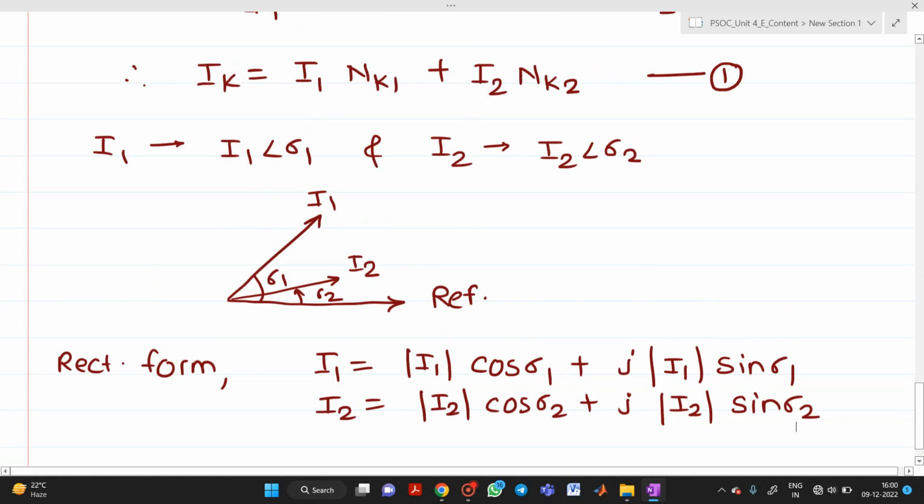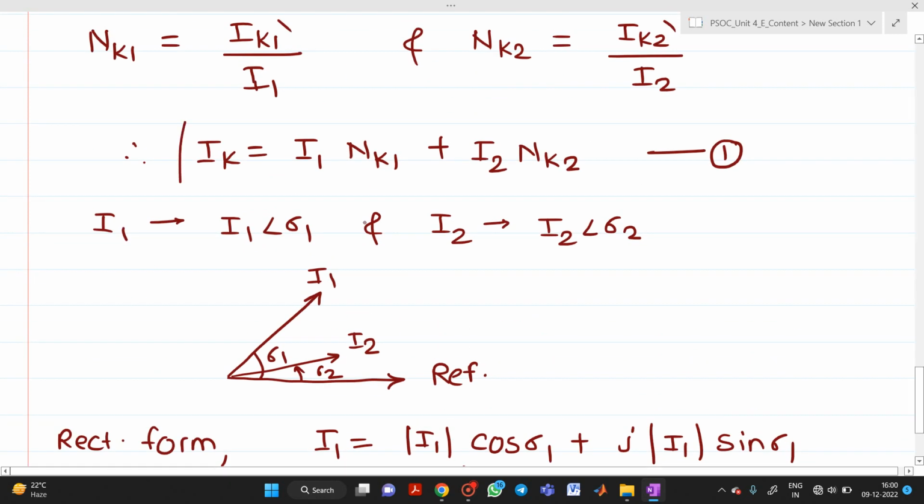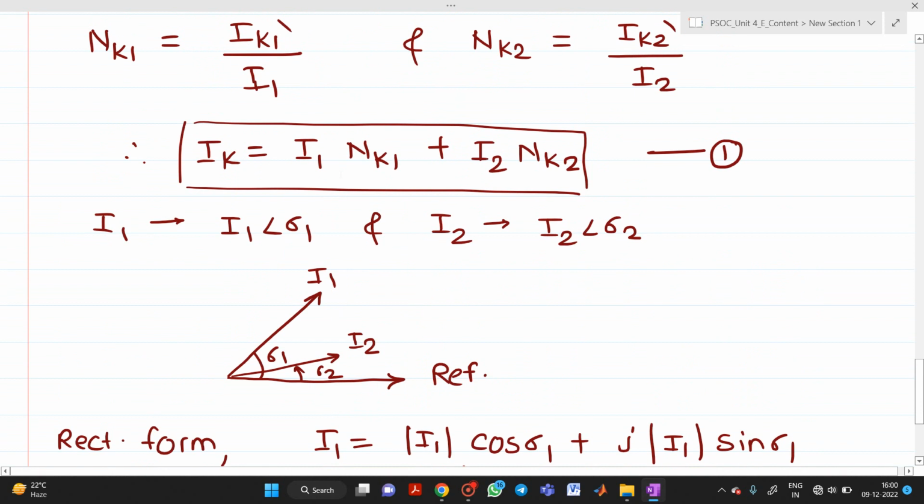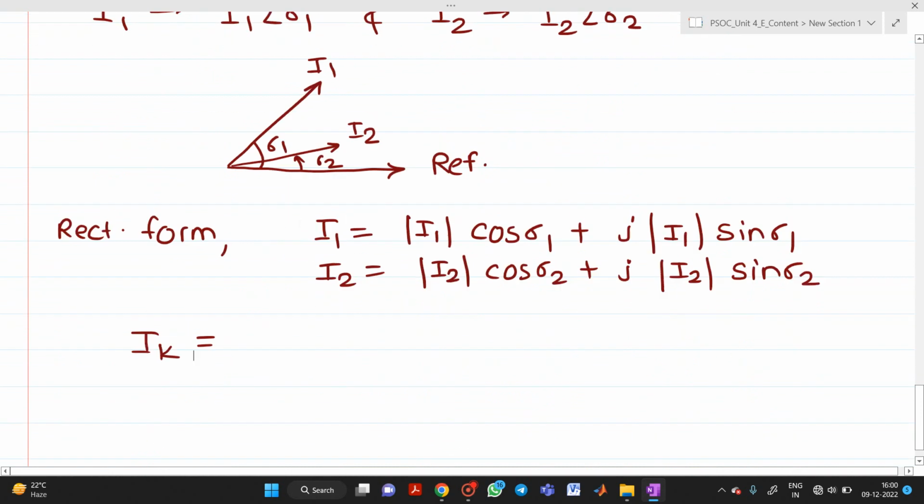Now in equation number 1, whatever we have derived, I will put all these values. So IK will be equal to I1 into nk1, but I1 is I1 at an angle sigma 1.